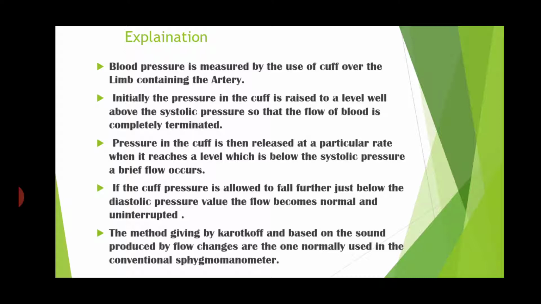If the cuff pressure is allowed to fall further, just below the diastolic pressure value, the flow becomes normal and uninterrupted. At that time, the Korotkoff sound from the cuff disappears, or it may change. The method based on the Korotkoff sound produced by flow changes is the one normally used in the conventional sphygmomanometer.